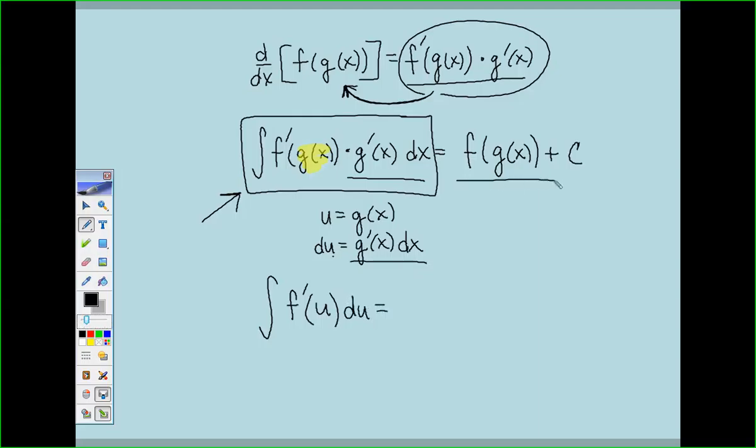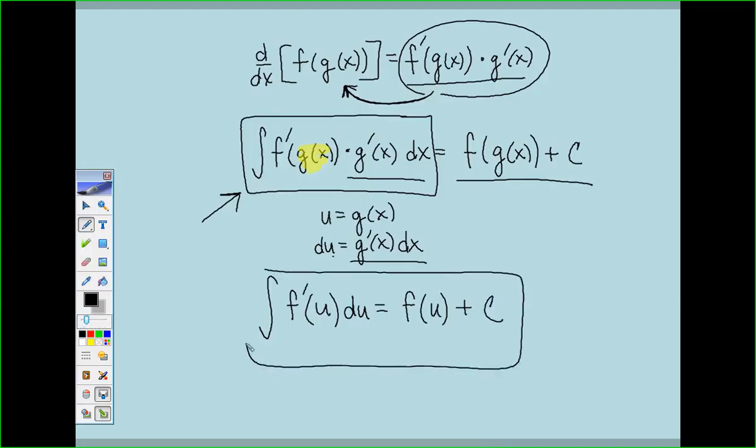And so that should equal, and again we're going to replace our g of x with u, f of u plus our constant of integration. This is the idea behind U substitution. We're going to identify the inside function as u, take the derivative, and then rewrite our integral in terms of u, and then we can find the antiderivative many times.